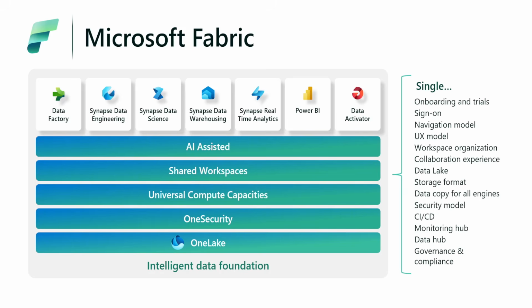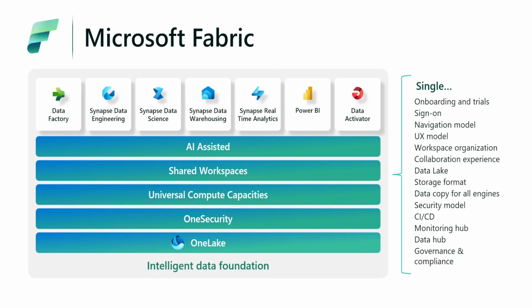And then all of this is part of the Intelligent Data Foundation that is rooted in OneLake, our managed data lake. And that then has different layers to it. So we have our one security principles around one way of accessing data. So you have one authentication method in everything, and all security policies and everything operates throughout this realm.